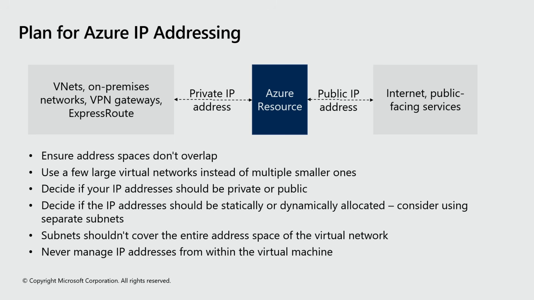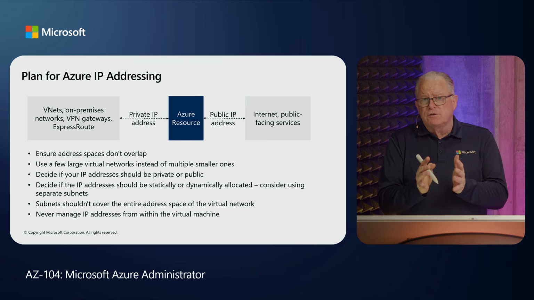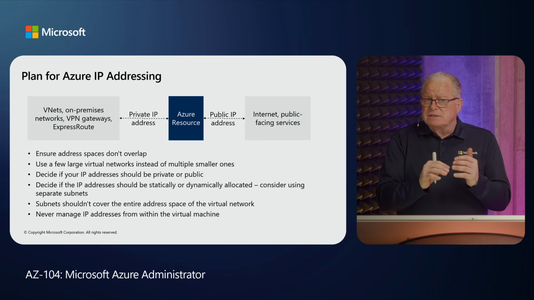Now, when you're planning for your addresses, standard rules apply. If you have 2 networks that are talking to each other directly, they cannot have overlapping IP addresses. The same thing is true here. I'll show an example when I get to the live demo. The same thing happens when you create a VNet inside of an Azure subscription.